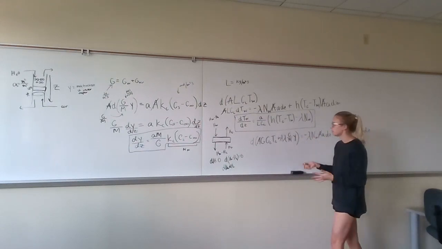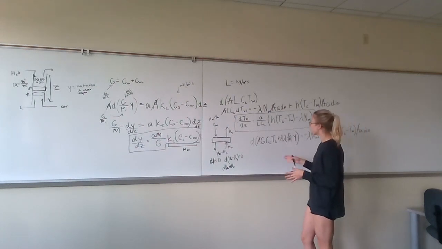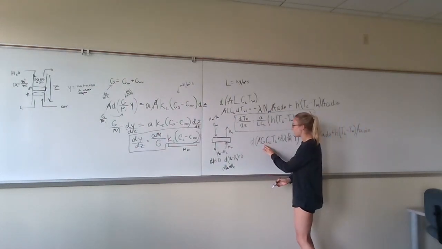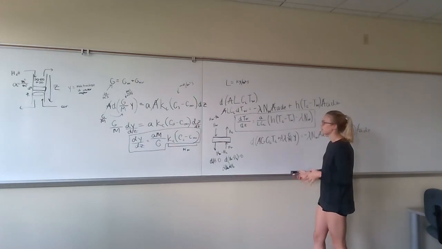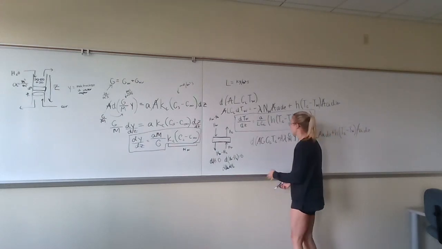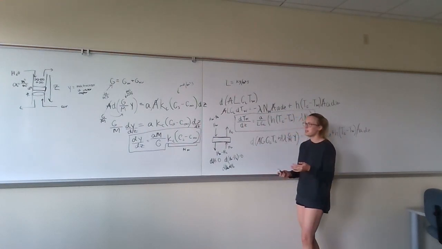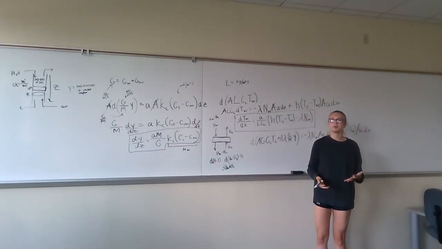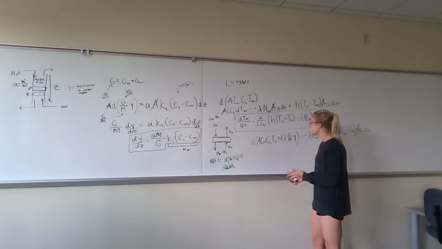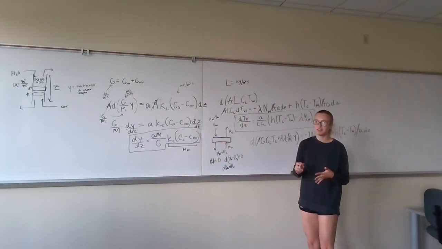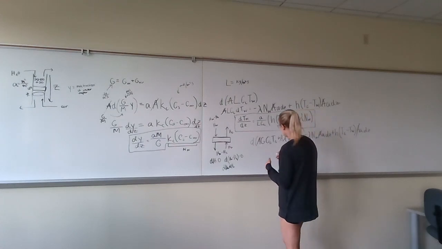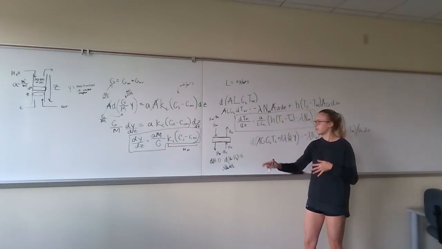So again, for the simplicity of calculations, we're going to assume that the gas flow rates remain the same, the molecular weights remain the same, and the heat capacity remains the same. Because the difference is just so negligible, it won't make a significant impact on the values that we get. So just for simplicity of calculation, we're going to keep these constant. So I'm going to pull this out of the differential.